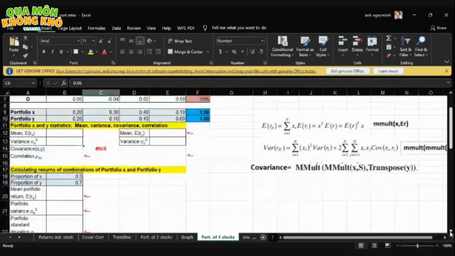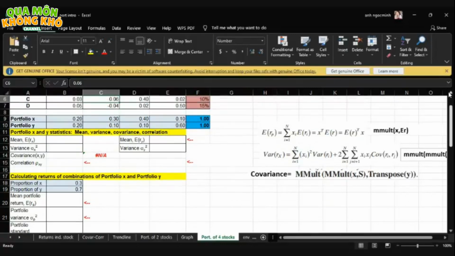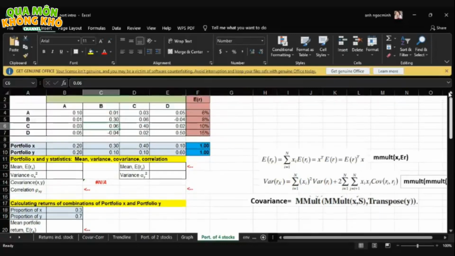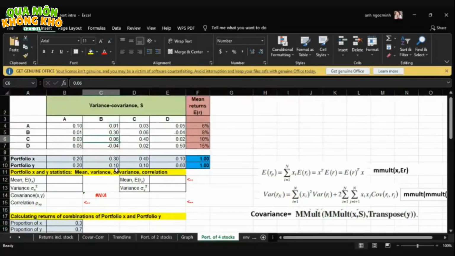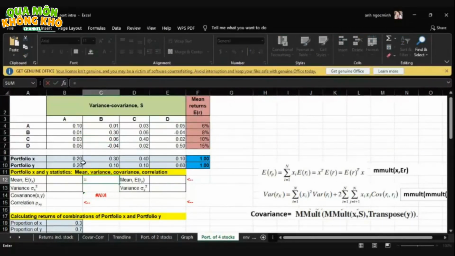And to calculate the mean, variance and covariance of portfolios X and Y, in the simple way we can take the equations with each proportion multiplied with each return.